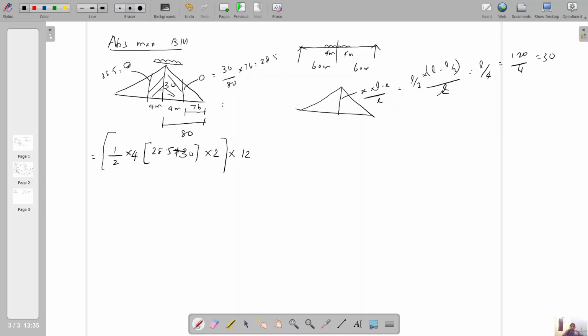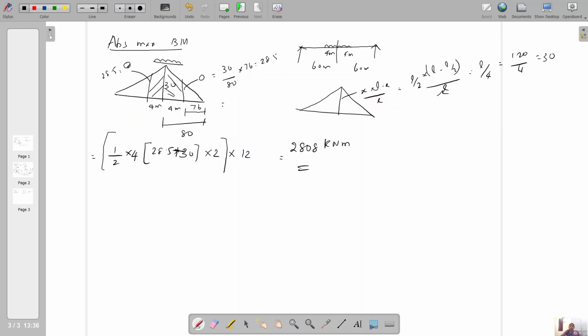I put the calculation for one side and multiplied by 2 because of the same values. You observe the final value, half into 4 into (28.5 plus 30) into 2 into 12. You get 2808 kilonewton meter.